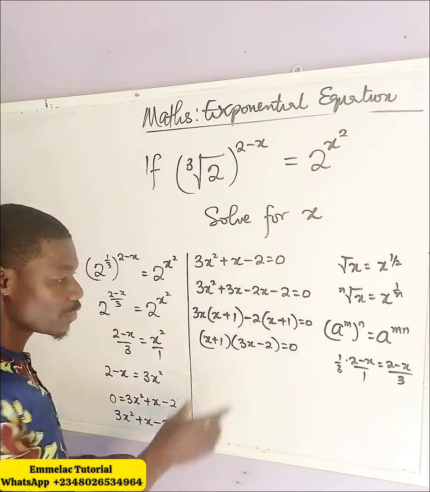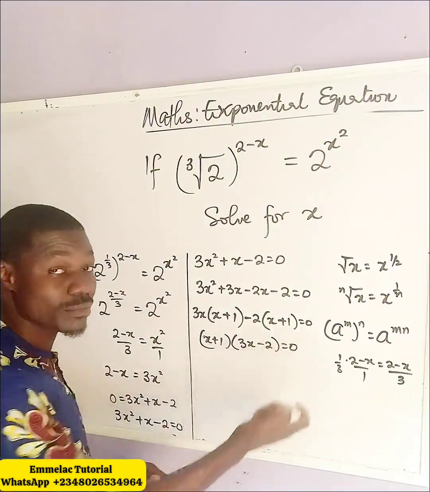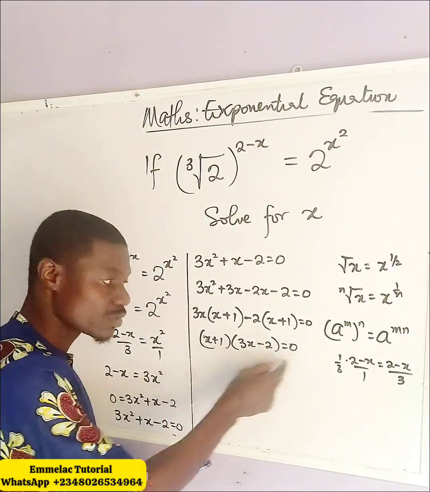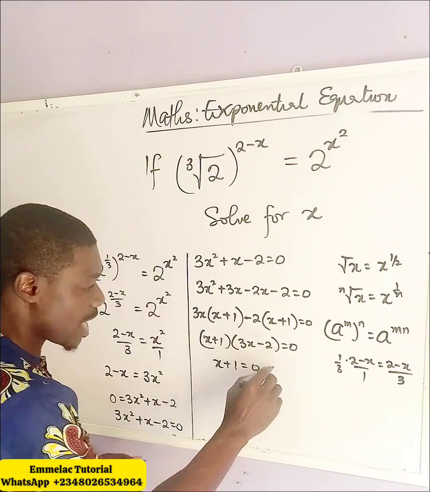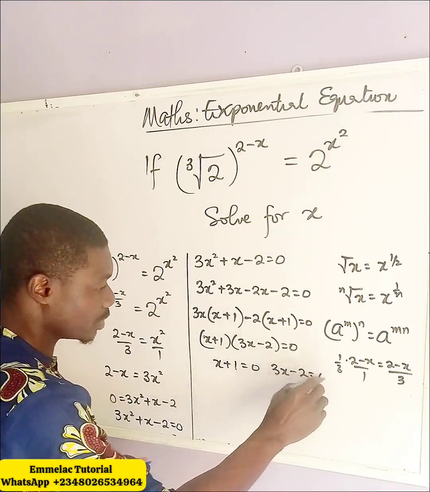What we just need to do now is equate each term to 0, since their product gives 0. So x plus 1 equals 0, and 3x minus 2 equals 0.